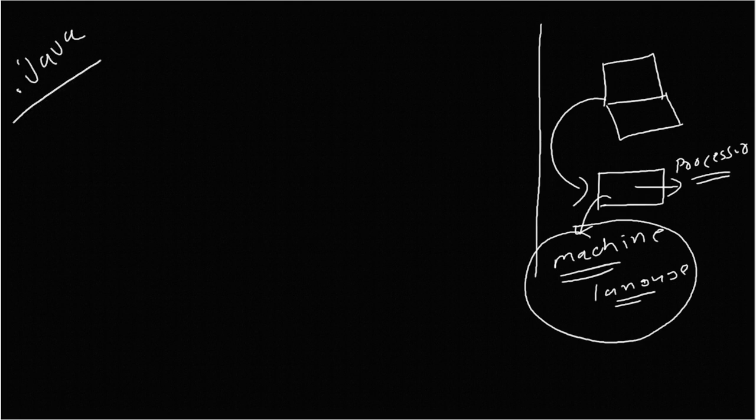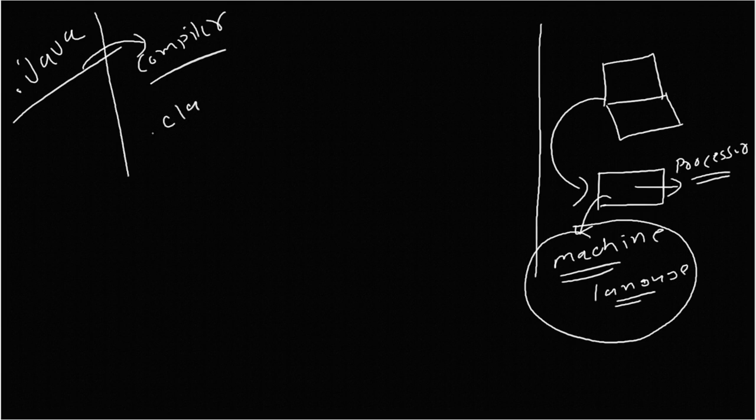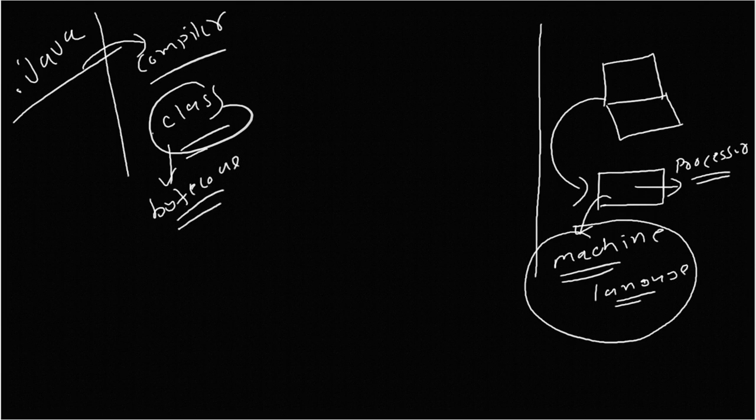When we write our program, it has a .java extension. When we pass this Java program to the compiler, it generates a file called a .class file. This is a bytecode file. This bytecode is a somewhat high level language, which is helpful to be executed on every machine.